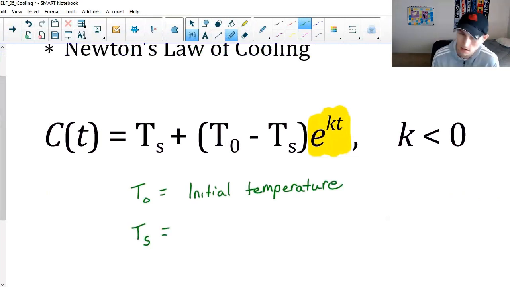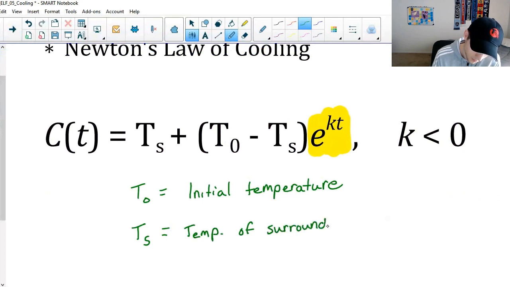And TS is the temperature of the surrounding environment or area.